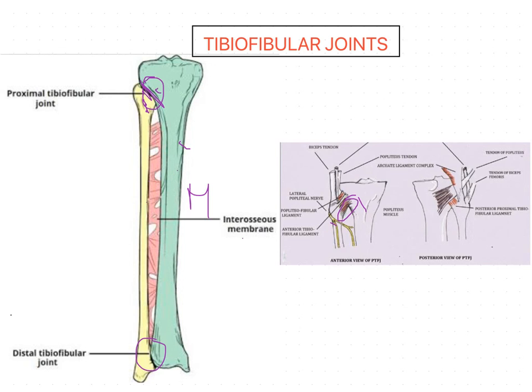Next, the posterior ligament, which passes upwards from the neck of the head of the fibula to the posterior aspect of the lateral condyle of the tibia.